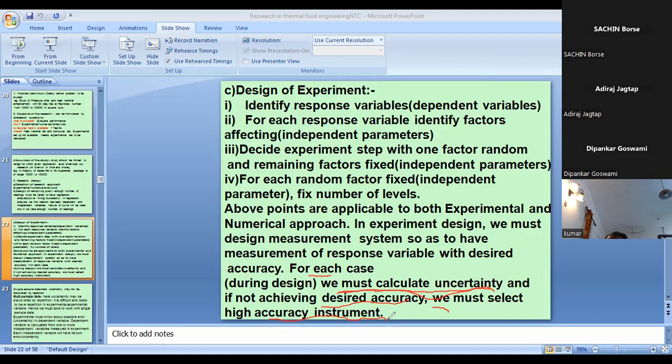Do not go directly to the very precise instrument, because a more precise instrument will be more costly. But see whether we really require that. That is my point here. So if you are not getting the desired accuracy, then and only then we have to go for a more accurate instrument. This is about designing the experiment.